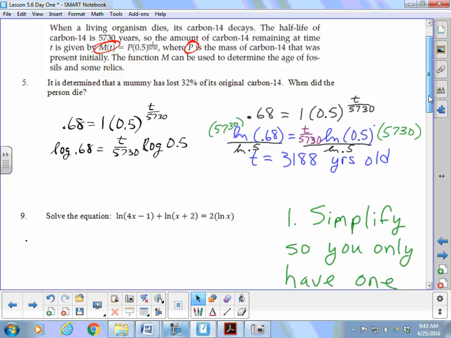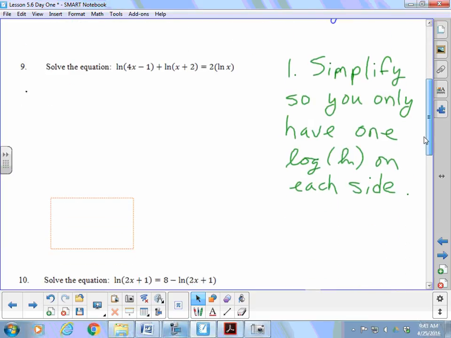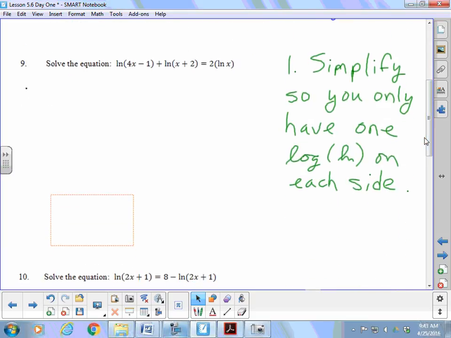All right, solving logarithmic equations. All right, first thing to do these is simplify so you only have one logarithm on each side.